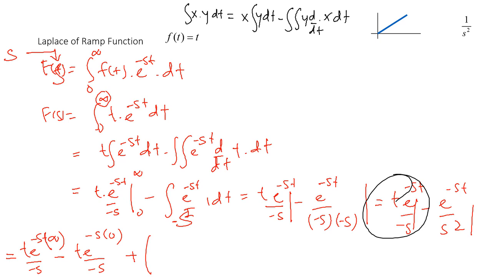So the first one would become e power minus s into infinity divided by minus s, and the second would be minus e power minus st divided by s square.